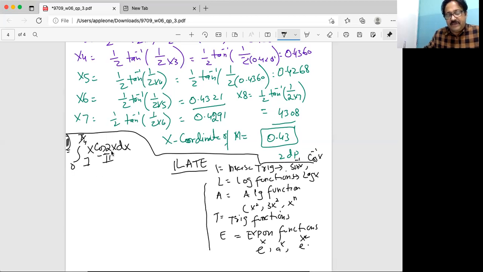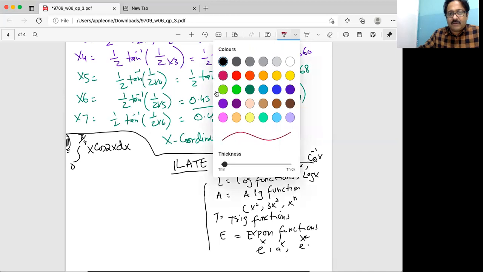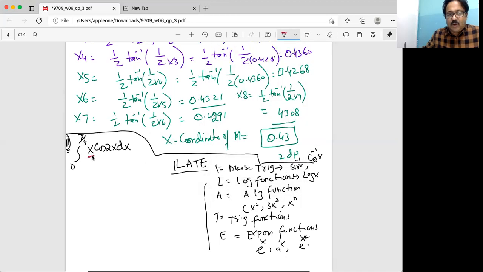Now see here, I'm erasing this. Here you see the question: this is a log function and that is a trigonometric function. Now check, sorry, this is an algebraic function, and that's a trigonometric function.